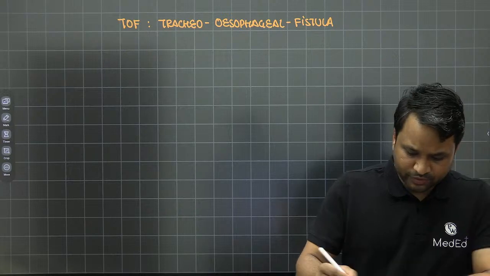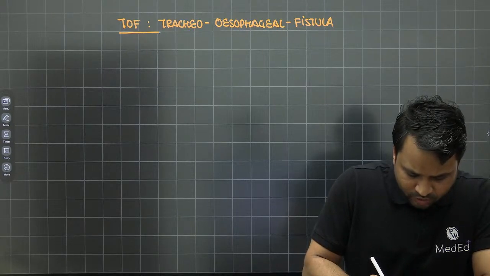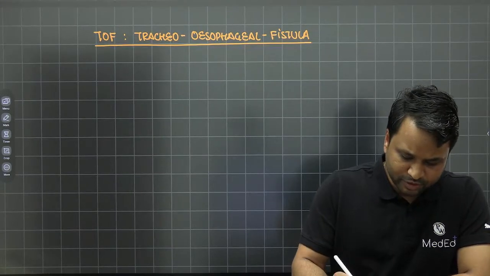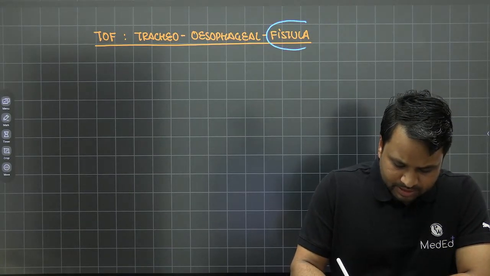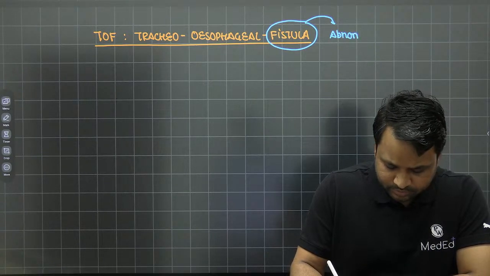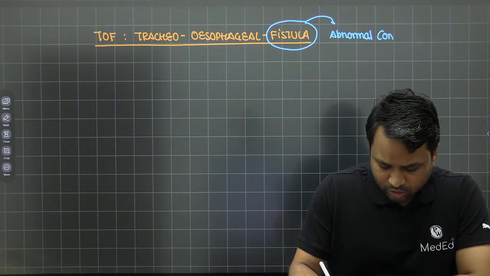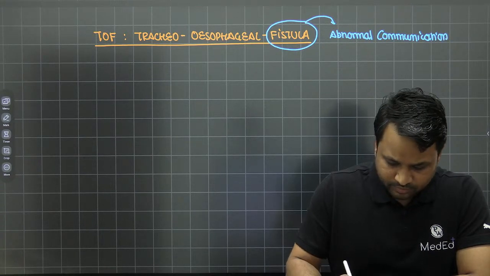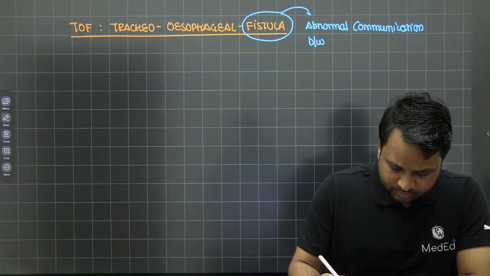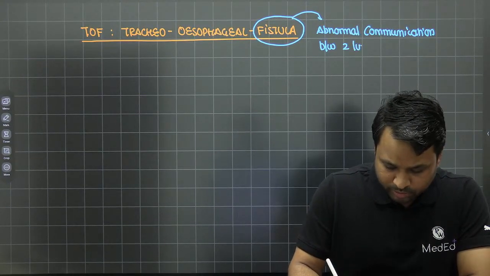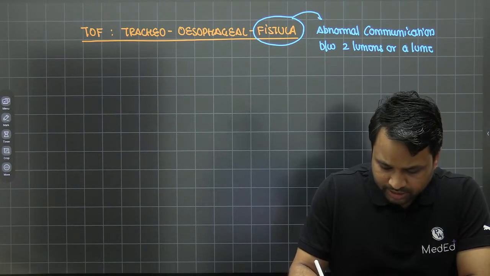When we talk about tracheoesophageal fistula, as we all know, fistula means an abnormal communication. So whenever you say the word fistula, it basically means an abnormal communication between two lumens or a lumen and a cavity.